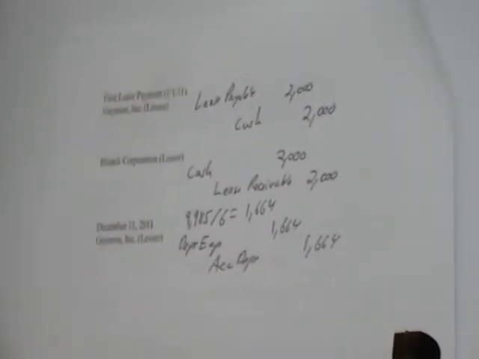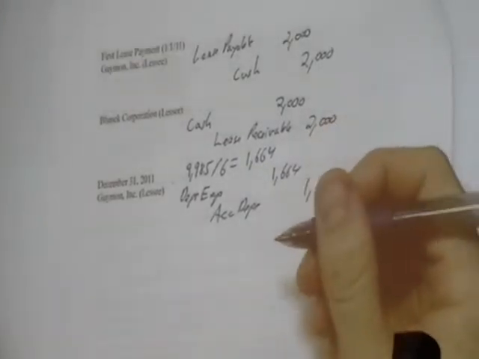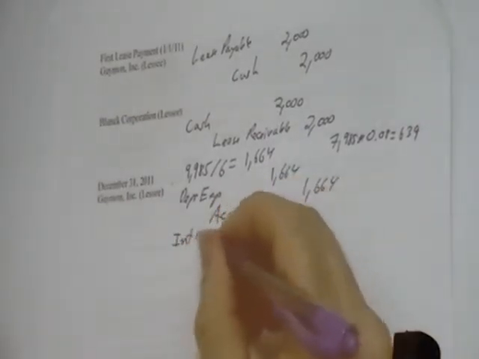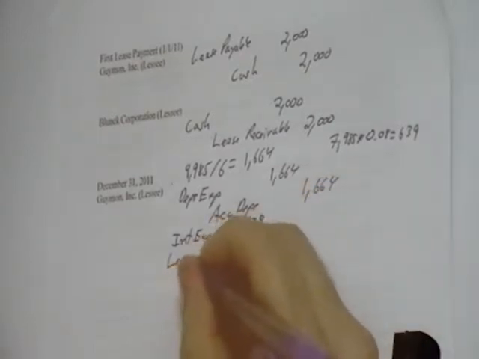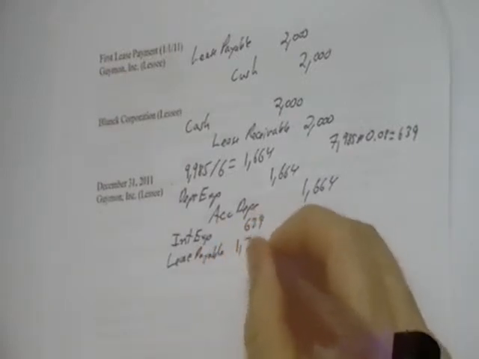All right, next thing we'll do is stuff we've already done before, and then we'll do the new thing last. We've recorded the interest expense, and the interest expense is going to be the carrying value times the interest rate. So it's going to be 7985 times 0.08, which is going to give us 639, just like before. So we're going to debit interest expense 639. We're going to reduce our lease payable by the difference between that and $2,000, which is 1,361.